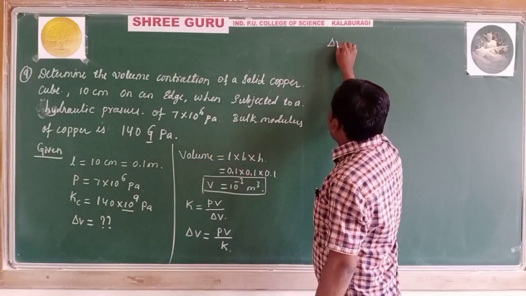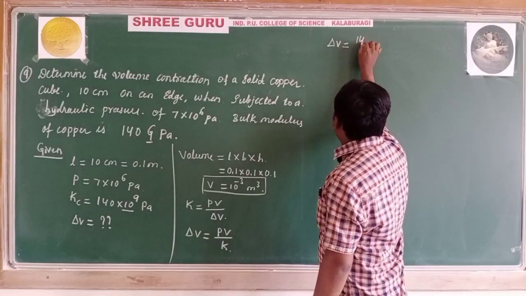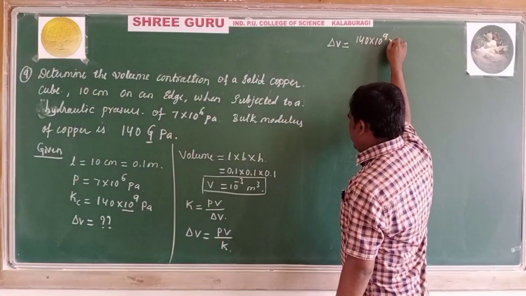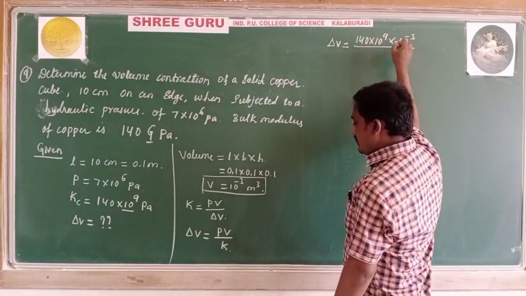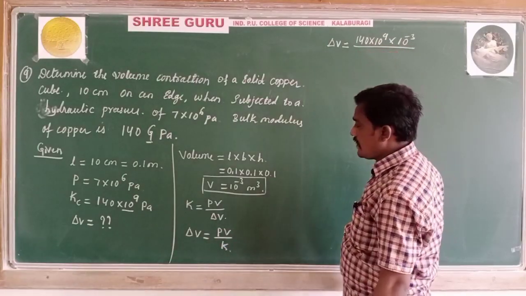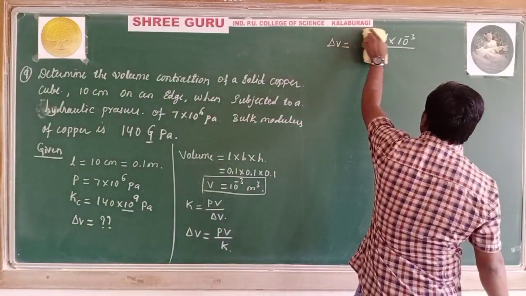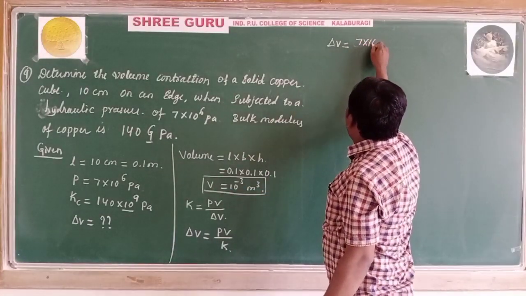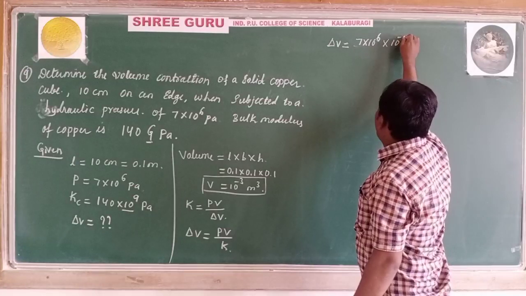Volume contraction delta V is equal to the pressure, 7 into 10 to the power 6, into the volume, 10 raised to minus 3, divided by K.